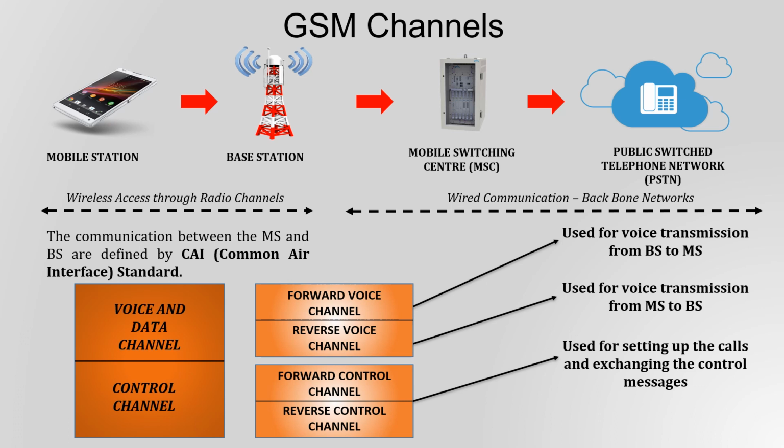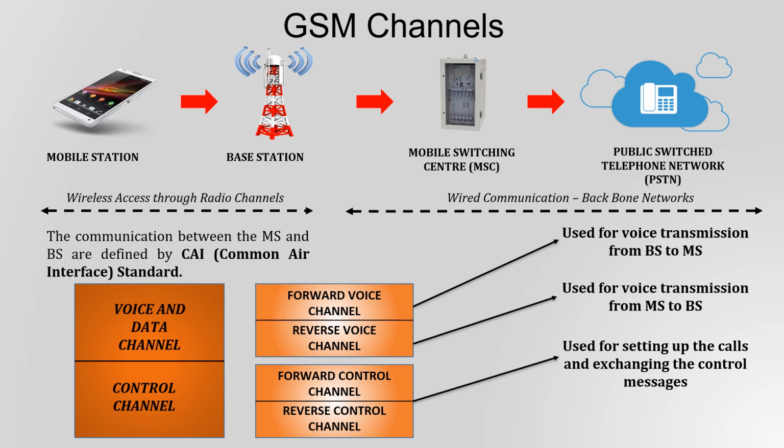And in the wireless communication subject, I am interested to focus only on this particular section, where the wireless communication exists, and the rest of the part will be connected by wired communication.